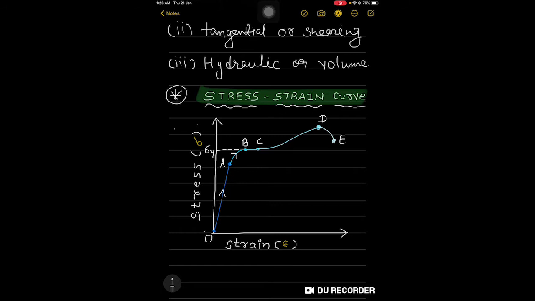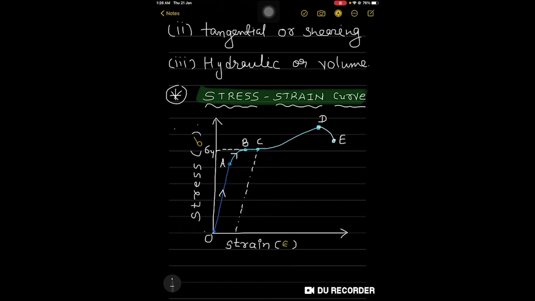In between there is a region B to C, and up to point C some permanent set is developed. Let us see what a permanent set is.